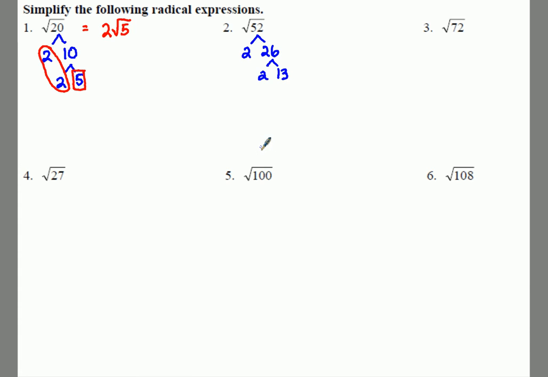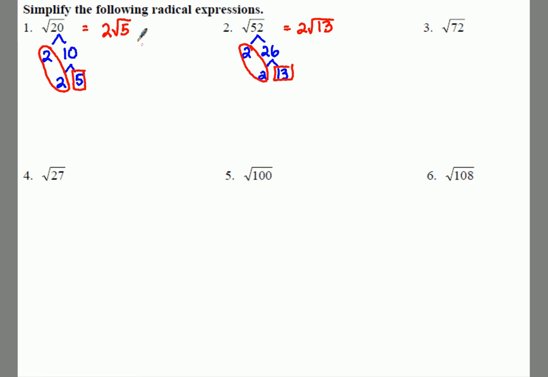And 13 can't be reduced any further because it is a prime number. So we look at our grouping again. We have a pair of 2's, so we take that 2 out. Left all by itself is your 13, so it's going to stay underneath your radical. So you get 2 radical 13 when you simplify radical 52.